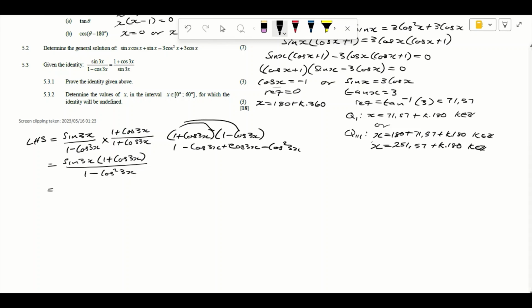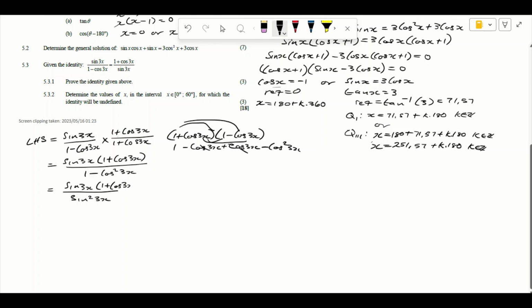These two cancel out, and the denominator is now sine squared 3x, because of the identity 1 minus cos squared 3x is equal to sine squared 3x. Now I'll have sine 3x times 1 plus cos 3x.